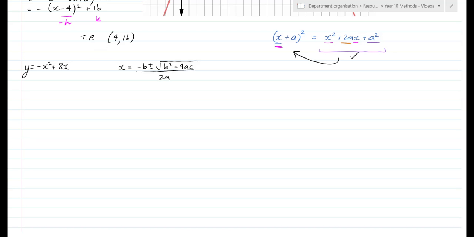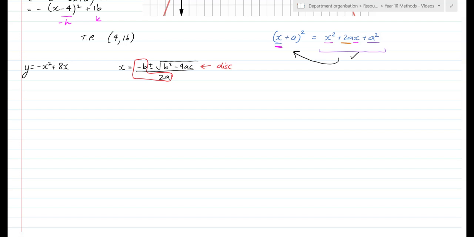Now you'll recall that this little bit inside here is called the discriminant, and we've talked about that earlier. The discriminant is the bit that you add or subtract to find your x-intercepts. You add it on for one of the x-intercepts, you subtract it for the other x-intercept. The bit in the middle is here. That thing represents the middle, and then you add or subtract your discriminant.